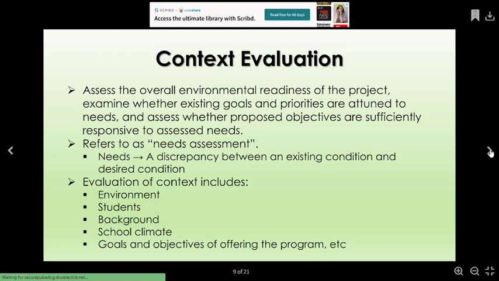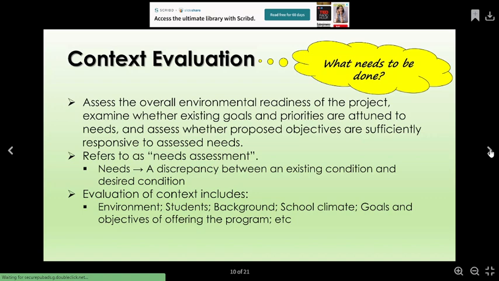First we have to do a need assessment. In the need assessment, we look at the discrepancy between the existing condition and the desired condition. What is the need of that program? Evaluation of the context includes the environment of the curriculum, the students, their previous experience, their backgrounds, the school climate, and the goals and objectives of offering the program.